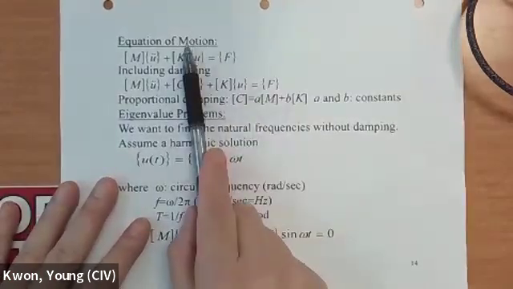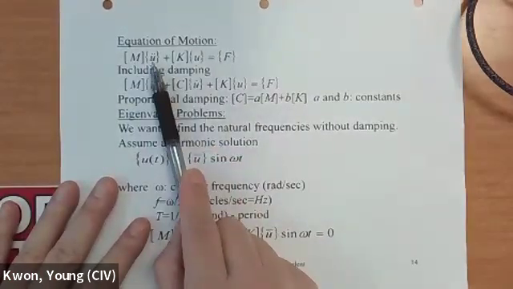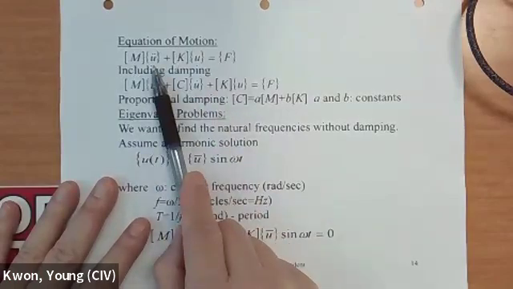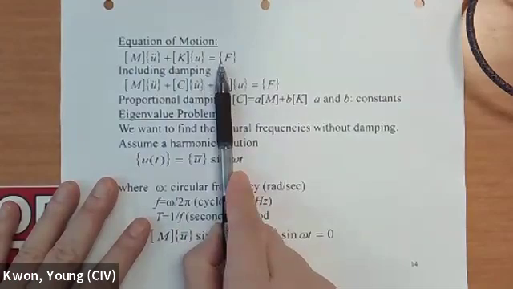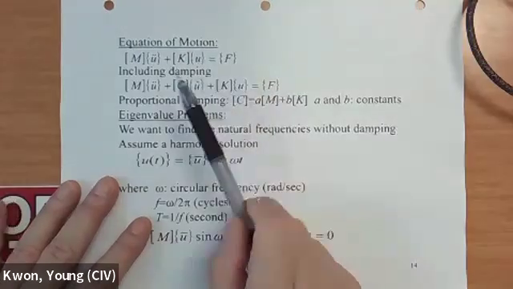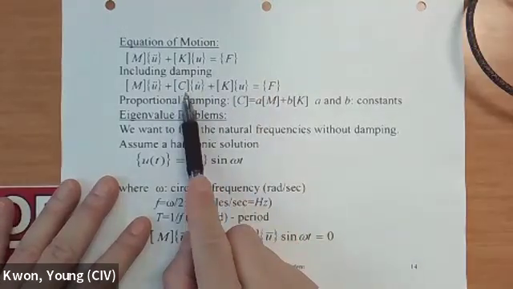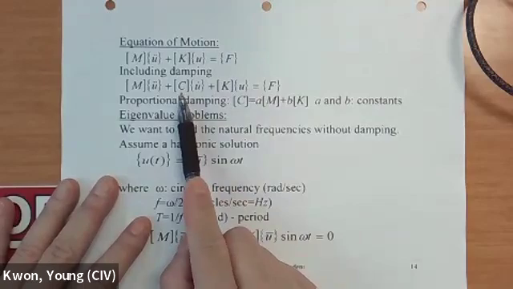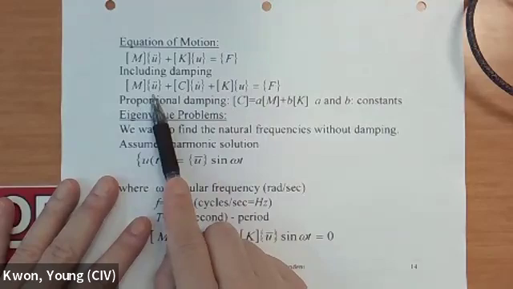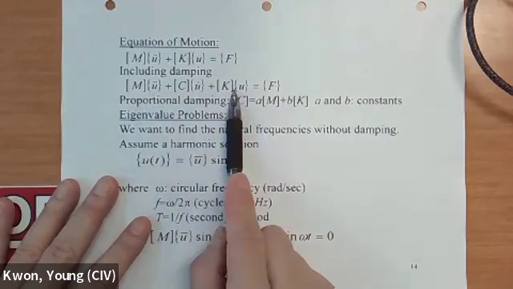The equation of motion is mass times acceleration plus stiffness times displacement equals F, so m u double dot plus k u equals F. And if you have damping, especially viscous, linear damping, then damping is represented by the C matrix times velocity. So m u double dot plus C u dot plus k u equals F.